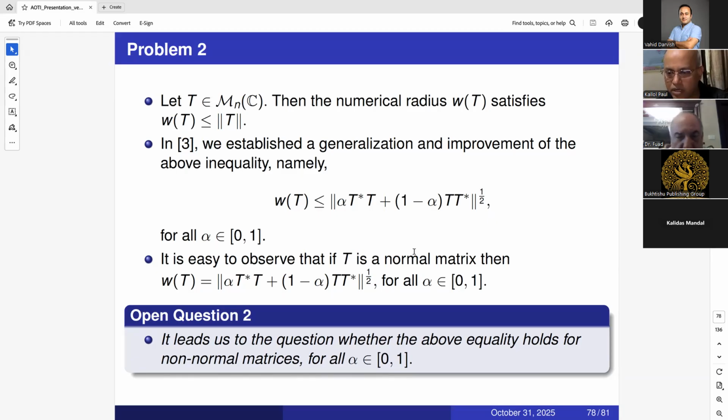If T is a normal matrix, then this is true for all alpha. So in a way we can ask whether this is a characterizing property of normal matrices or not. If it is true for all alpha, is T a normal matrix? That is question 2, whether the above equality holds for some non-normal matrix. That is also not known to me.